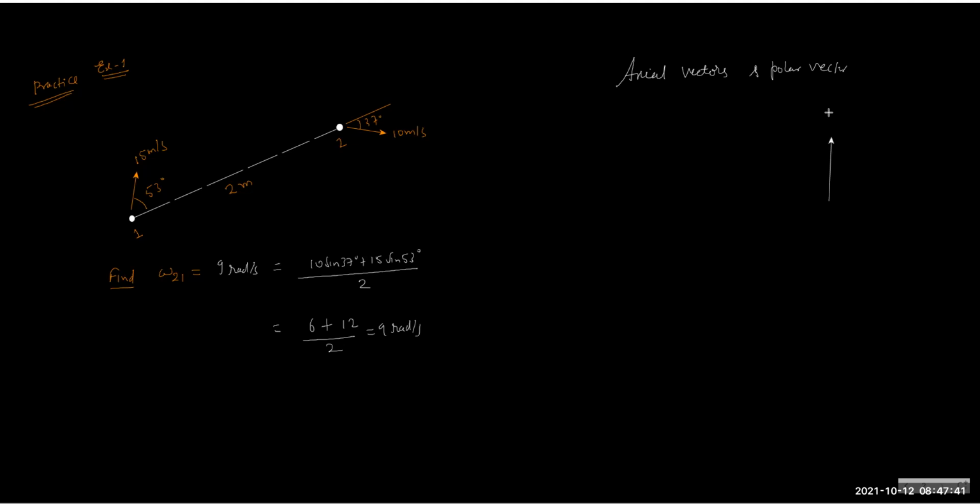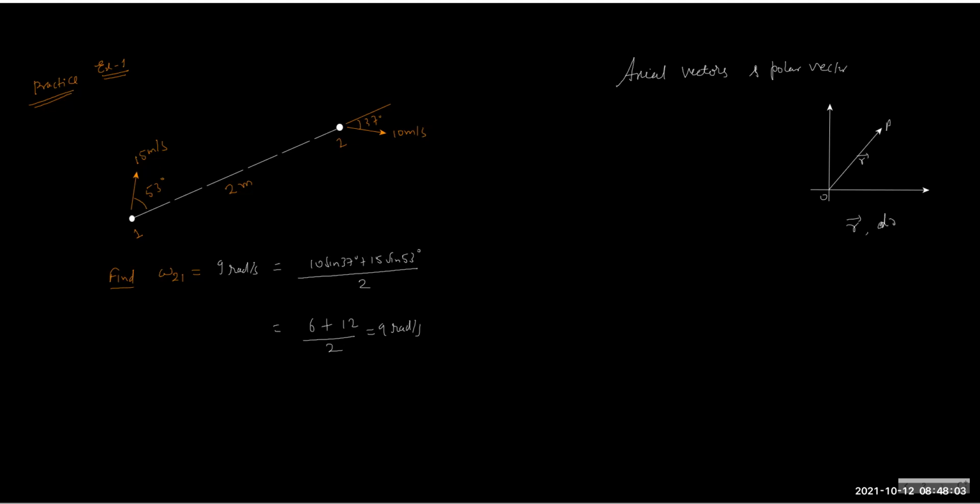Everything in physics which we can define using the position vector must be a polar vector. If we have a particle, then R is called the position vector. This is also called a polar vector because the origin is well defined.